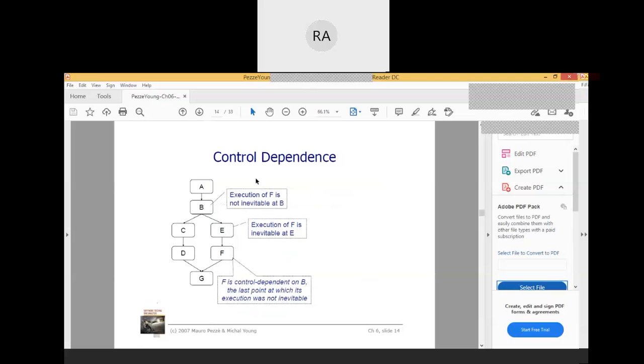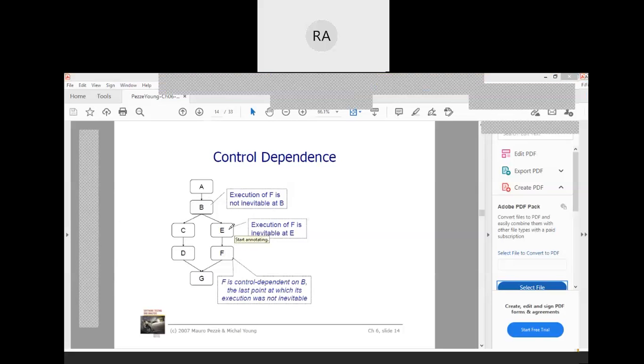See, I have taken up the same example, by taking up these blocks. See here, the execution of F is not inevitable at B. Even if this executes or not, it will not impact the execution of B. But if I consider E, in order to execute F, E should be completed.